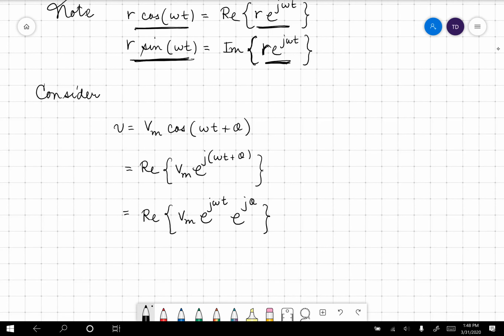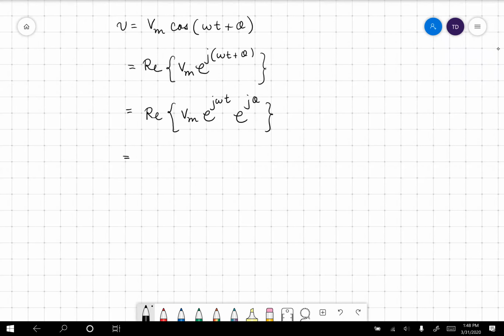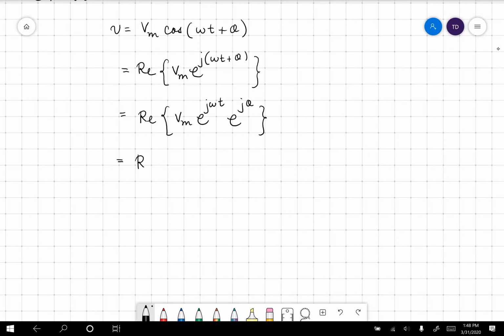But that's equal to the real part of V sub m e to the j theta times e to the j omega t.